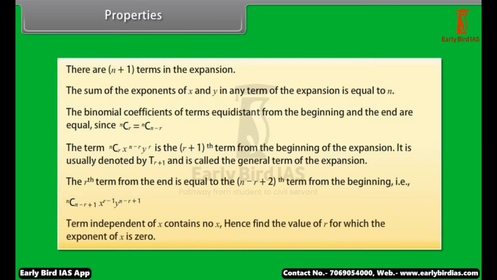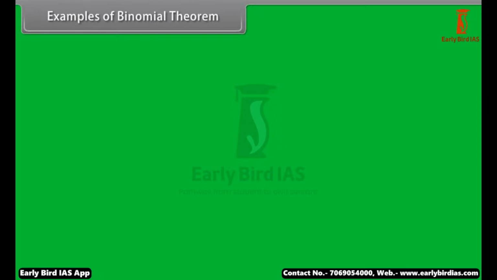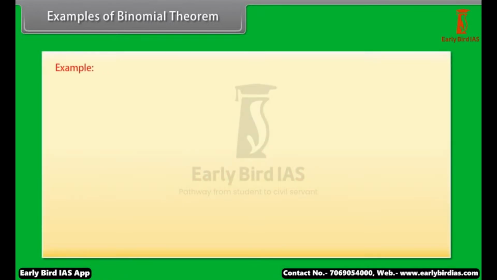The term independent of x contains no x. Hence, find the value of r for which the exponent of x is 0. Examples of the binomial theorem. Example: find the expansion of (a-x)^n.